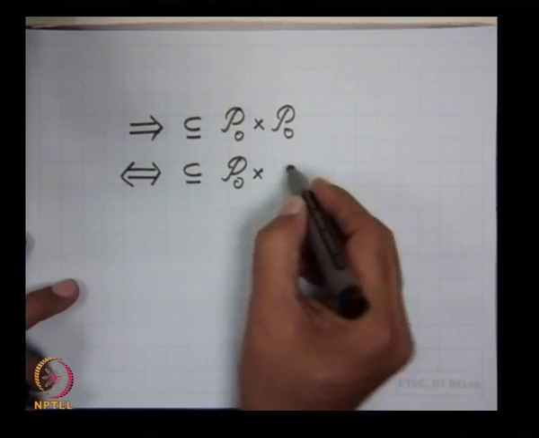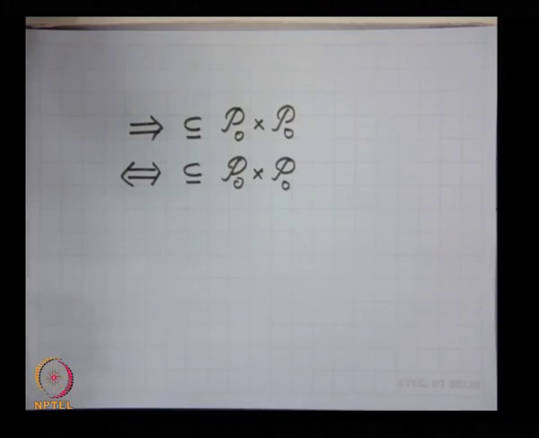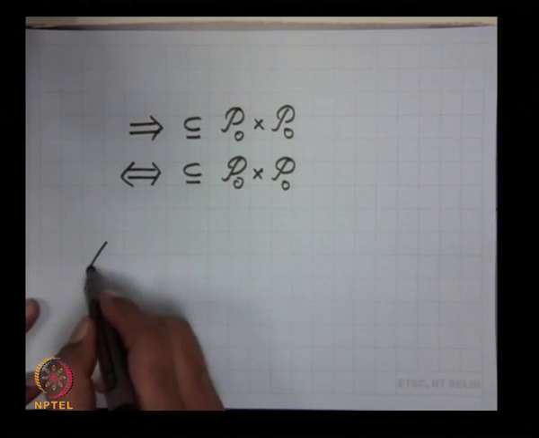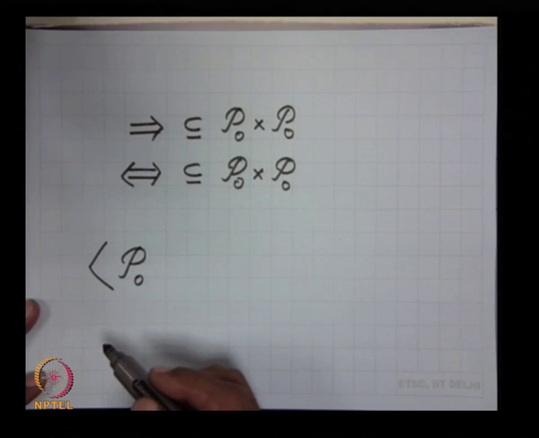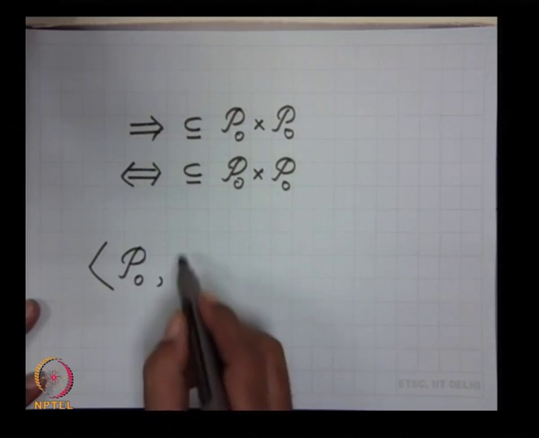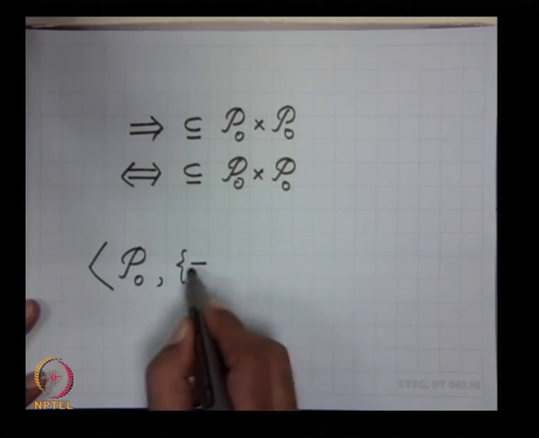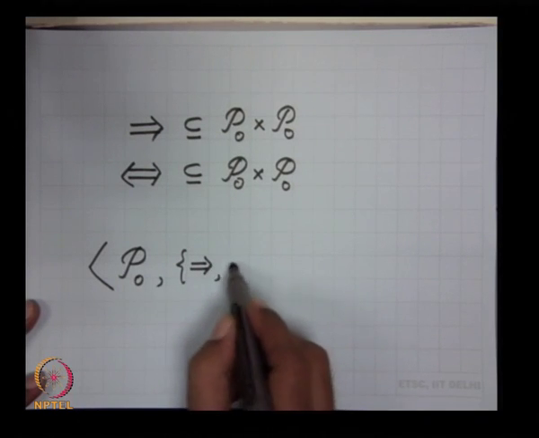So I can take a purely algebraic view and think of an algebraic system in which I actually have a carrier set P naught and I have these two relations.